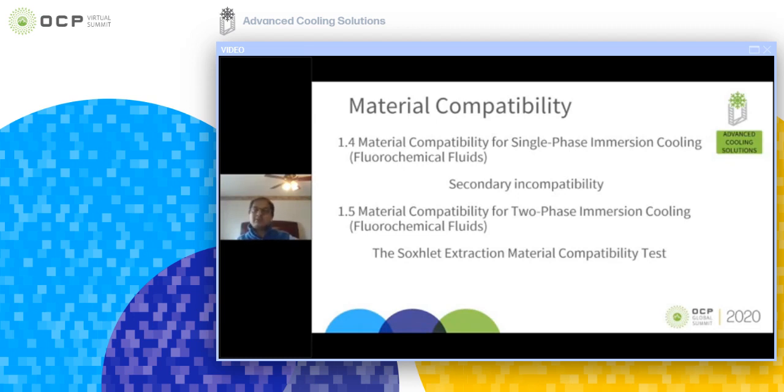So basically the fluorochemicals are so inert, they don't have a direct affinity or direct reactivity with any of the materials, but you might observe one hydrocarbon polymer swelling because of hydrocarbons absorbed from another through the fluid. This is called secondary incompatibility, where fluorocarbons merely act as a contaminant vector, because once they have some hydrocarbon polymer absorbed in that fluid, it can then be absorbed by another hydrocarbon material.